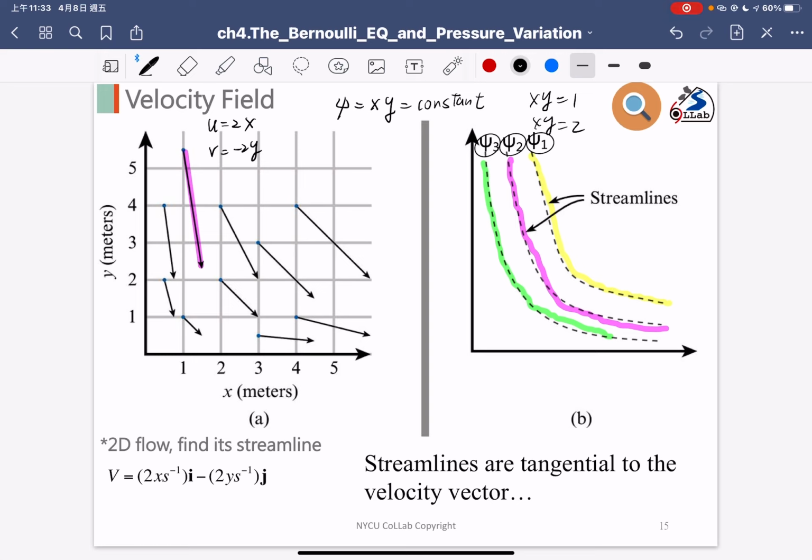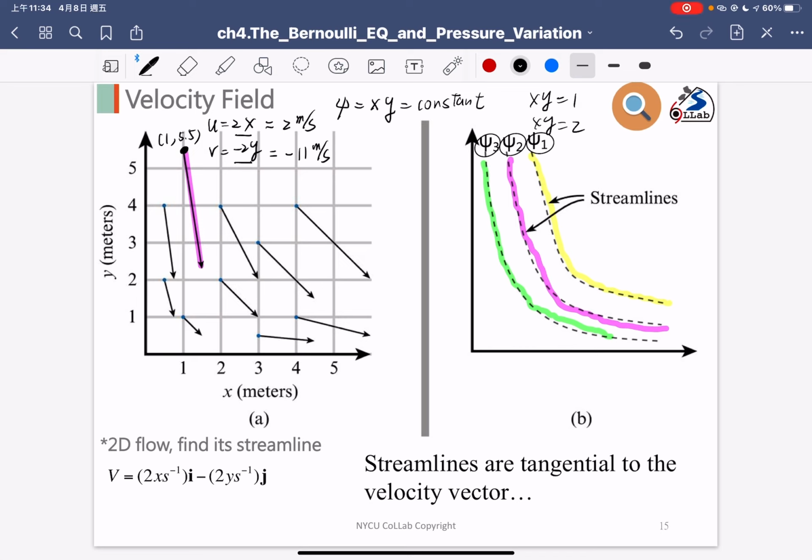And you actually know the point in here, where x is equal to 1, and y is maybe 5.5. So you can put the x and y parameters into the equation. So you can determine the velocity, maybe u is 2 meters per second, and v is minus 11 meters per second, right?